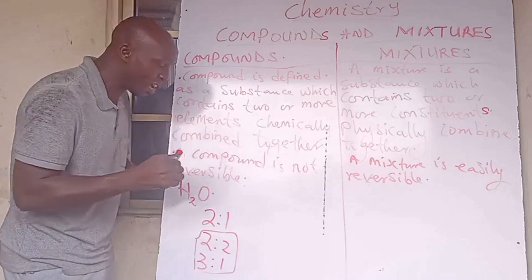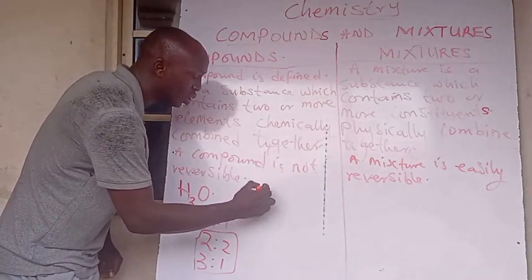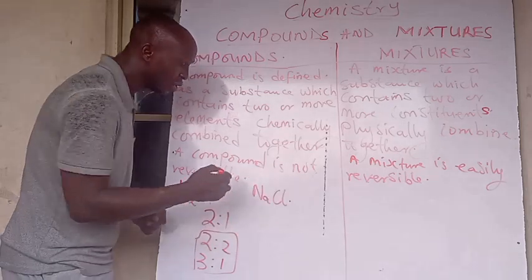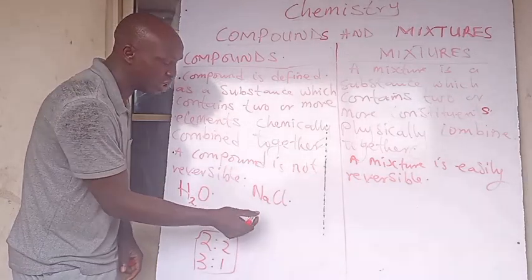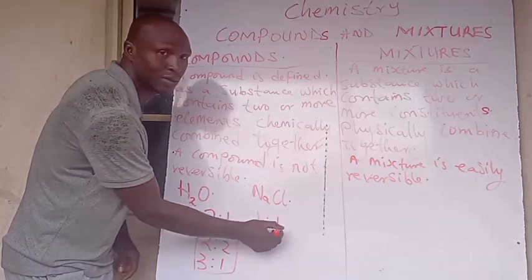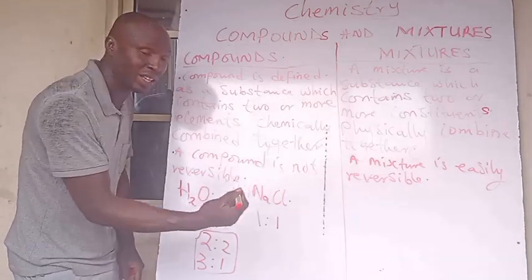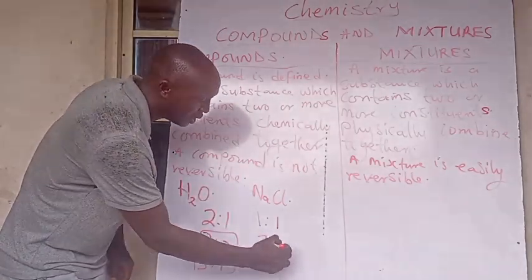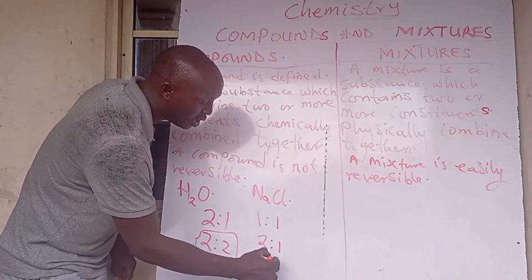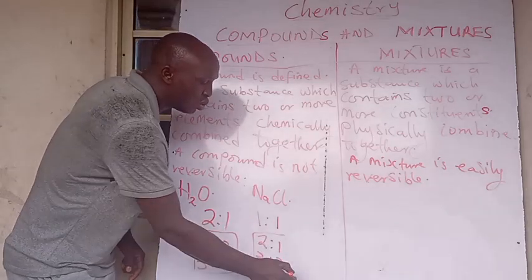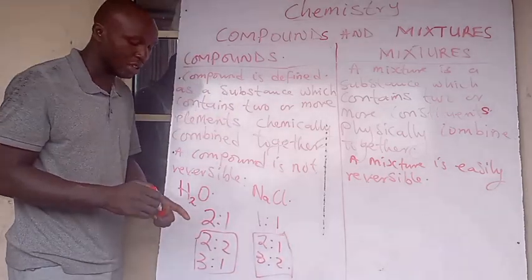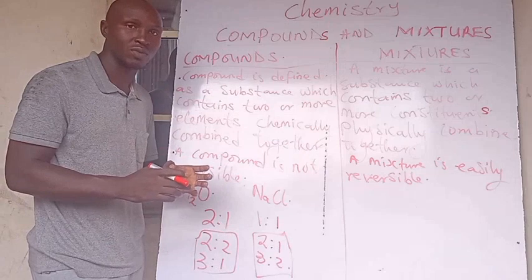So that's likewise the case for sodium chloride. You can see clearly here the ratio between sodium and chlorine is 1:1. As soon as you make it 2:1 or 3:2 or whatever, what you are getting is no more sodium chloride, but something else.